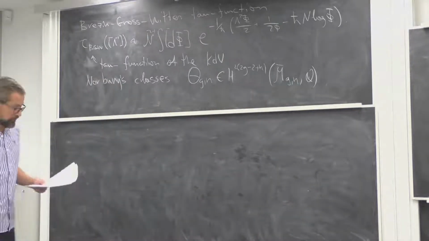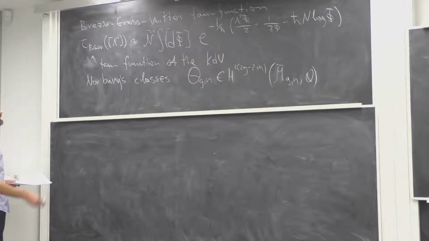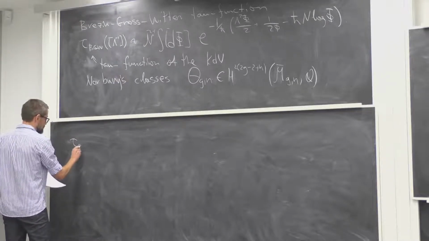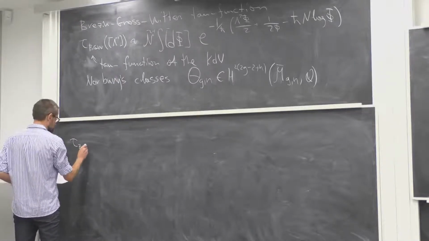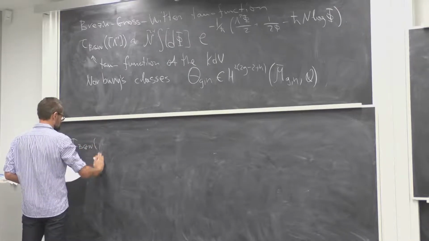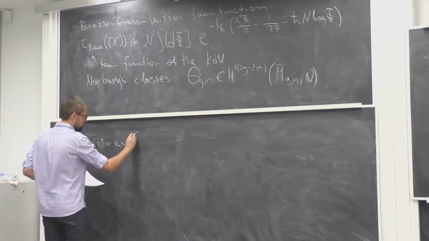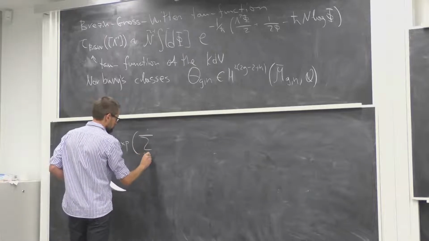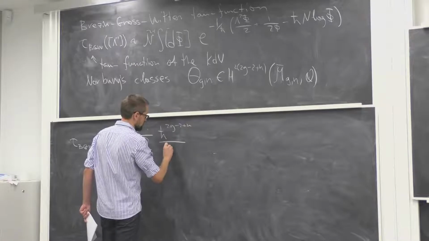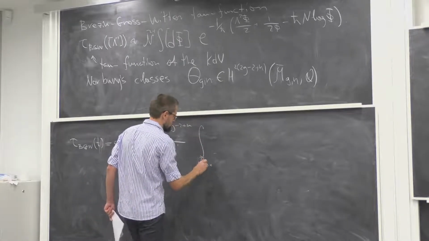And a conjecture of Norbury, which was recently proven, tells us that the intersection theory of these theta classes is again a generating function, a sum over genus and h bar to the g minus one.